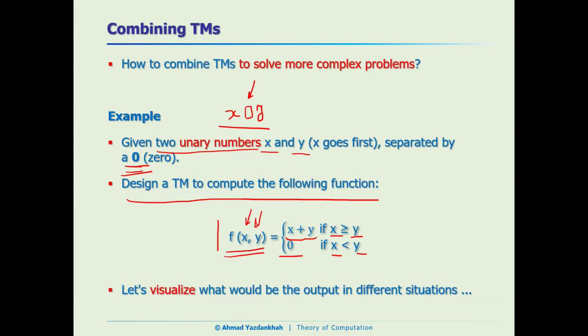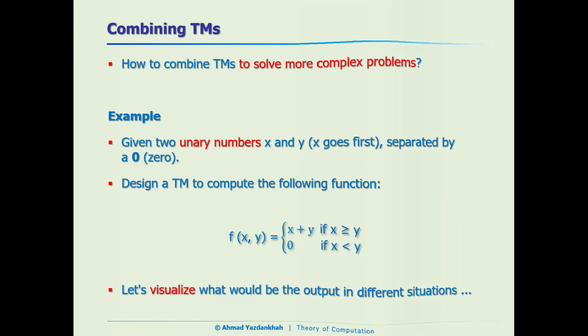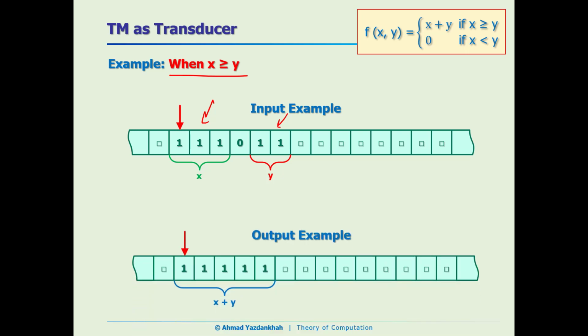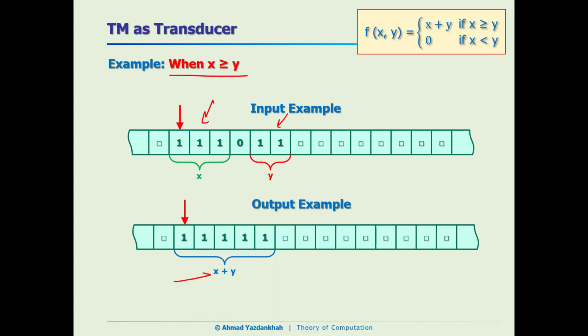Let me visualize what we are looking for. Let's say that x is greater than y. This is just an example. 111 is greater than 11, of course, right? Then what do we expect to see? We expect to see an addition like this. Just pay attention to where the cursor is pointing.